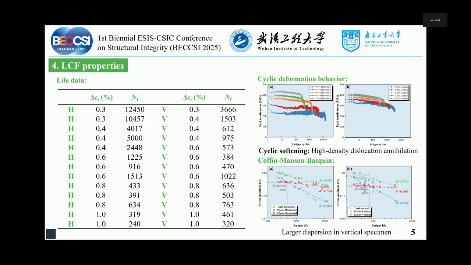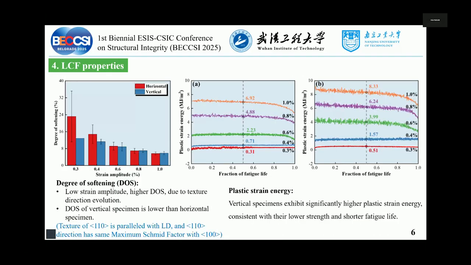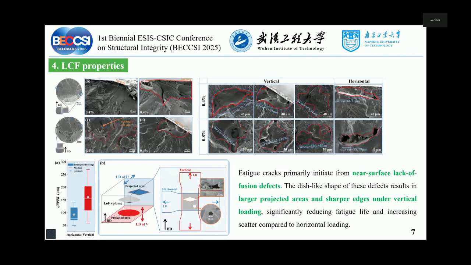We can see that there is a larger dispersion in the vertical specimen. This is the degree of softening. Because they have a texture, the degree of softening is different, and the plastic strain energy is also different. The vertical specimen exhibits significantly higher plastic strain energy, consistent with its lower stress and shorter fatigue life.